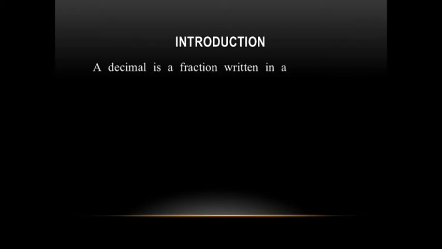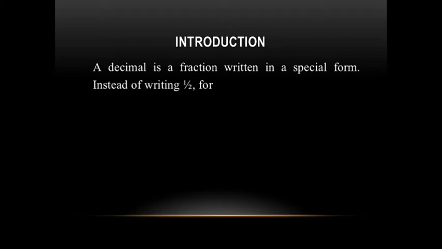Part 1, introduction. So, now this is the first part in which I am going to take the introduction about this lesson. First of all, we will see what is a decimal or what is a decimal number. A decimal is a fraction written in a special form.